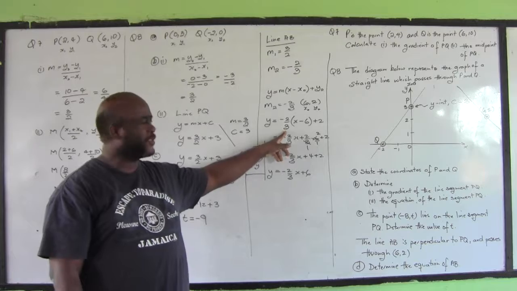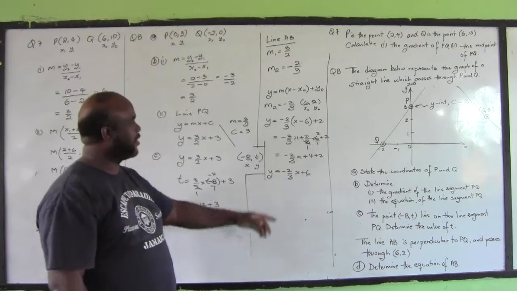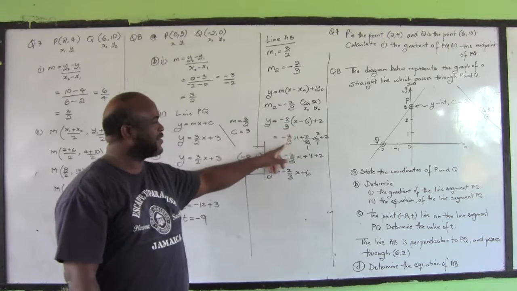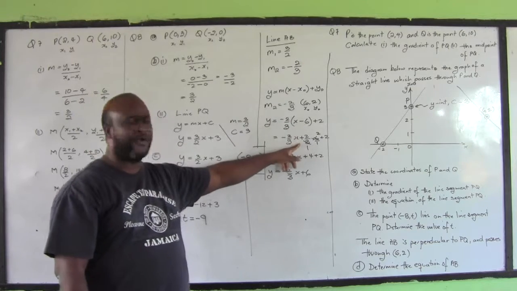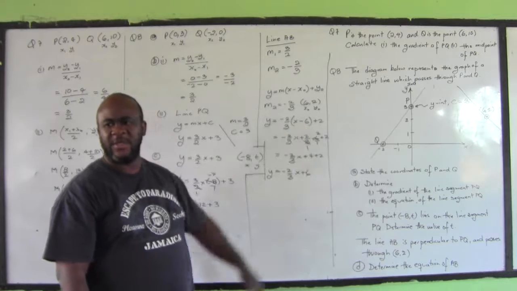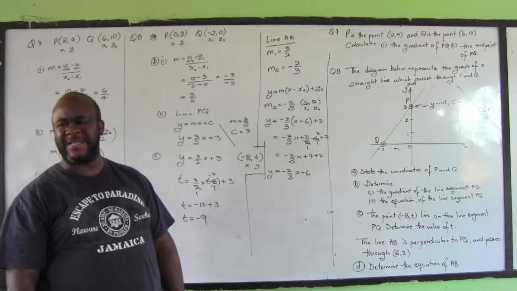Distributive law says whatever is inside is multiplied by what is outside. So watch me. Minus 2 over 3 times x is minus 2 over 3 x. Then a negative times a negative is a positive. Then you multiply 2 over 3 by 6. You're multiplying everything inside the bracket by what is immediately outside the bracket.